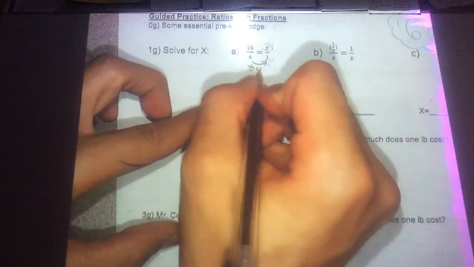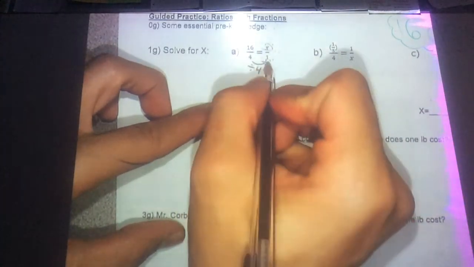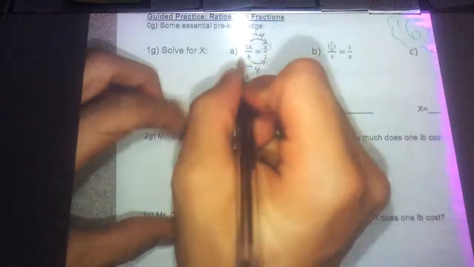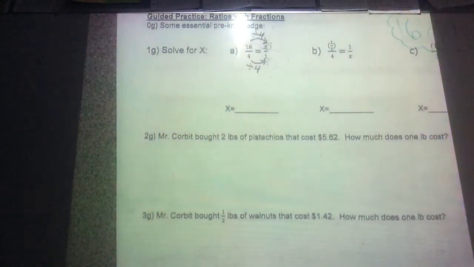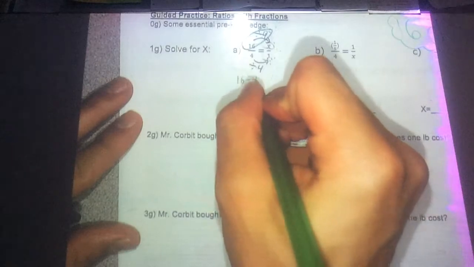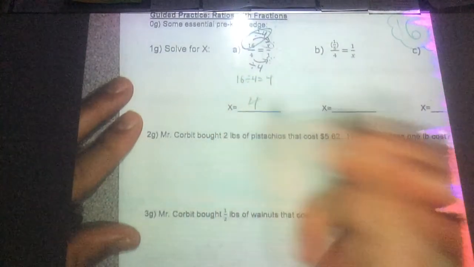We're going to divide by 4. 4 divided by 4 is 1. And now if I do the exact same thing here, it's going to give me x. So 16 divided by 4, this right here is the operation. I just need to do one operation. And 16 divided by 4 is going to equal 4. So x is equal to 4.